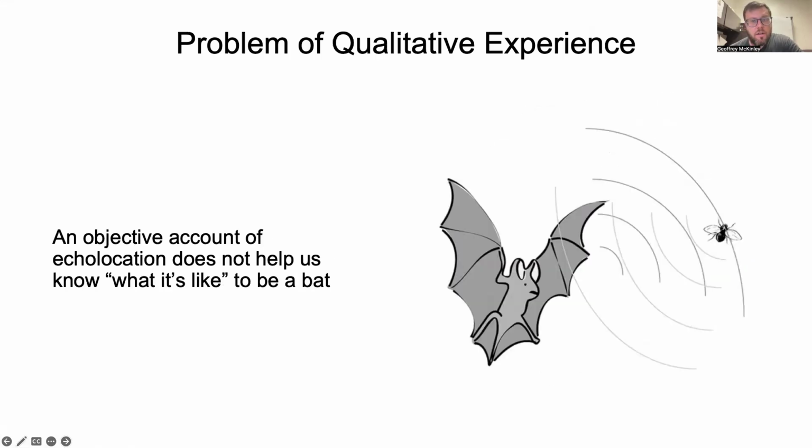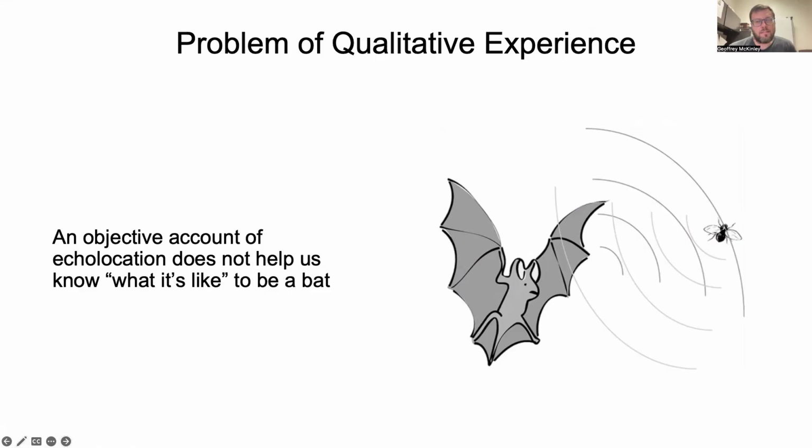One reason consciousness is so difficult to explain is that it's an inherently subjective state that relies on things like introspection. However, science requires much more objectivity. In this bat example, scientists know a lot about how bats navigate via echolocation.